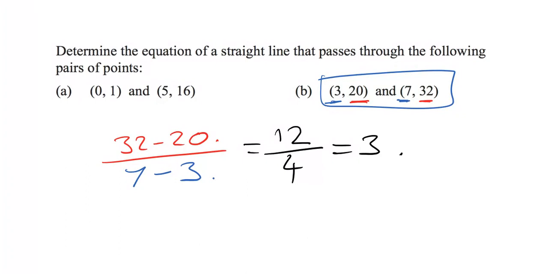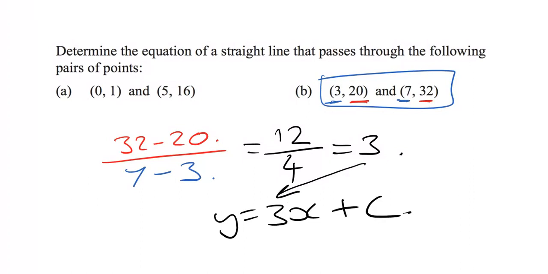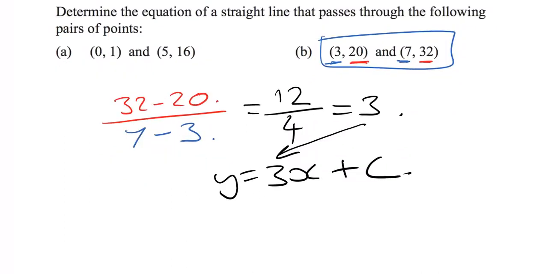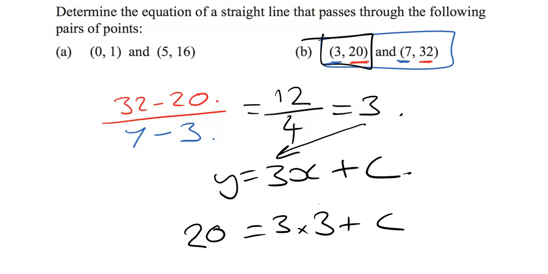So straight away, we know y is equal to 3x plus c. We fit that gradient in front of that x. Now let's sub in one of these 2 coordinate points. I'll pick that first one. We know that when y is 20, that happens when x is 3.